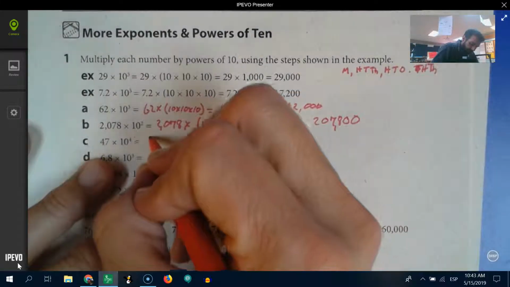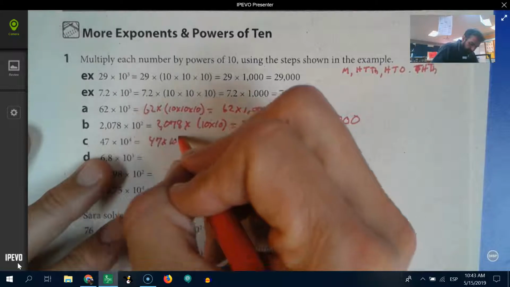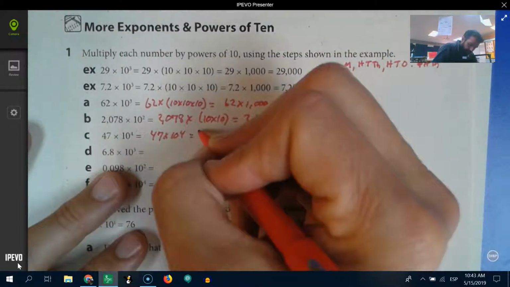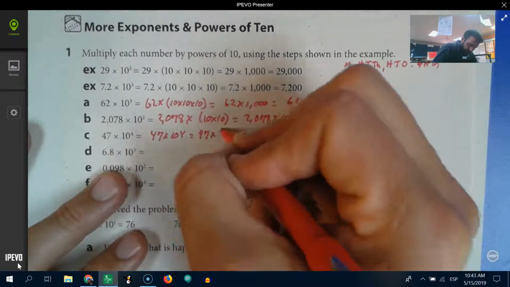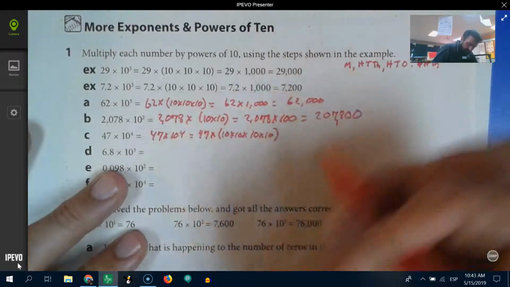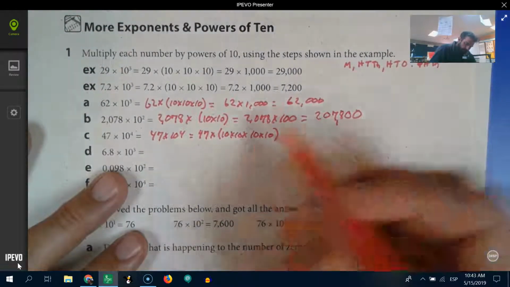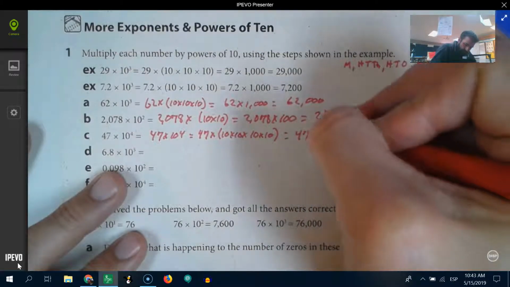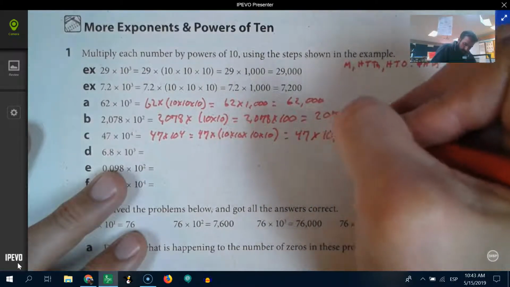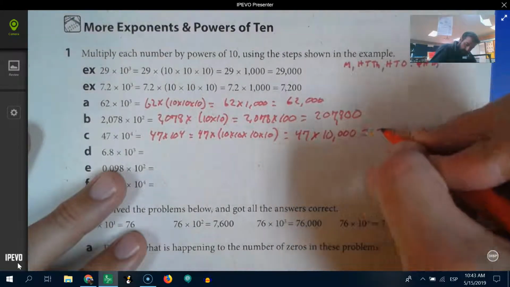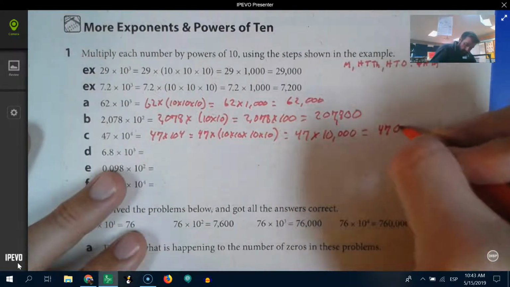All right, I have 47 times 10 to the fourth. 47 times 10 times 10 times 10 times 10. 10 times 10 is 100, times 10 is 1,000, times 10 is 10,000. So we have 47 times 10,000, which is equal to 47, and they're moving 4 spots.